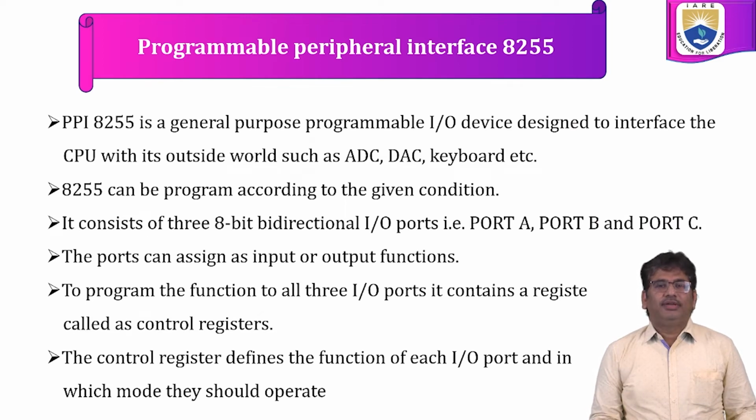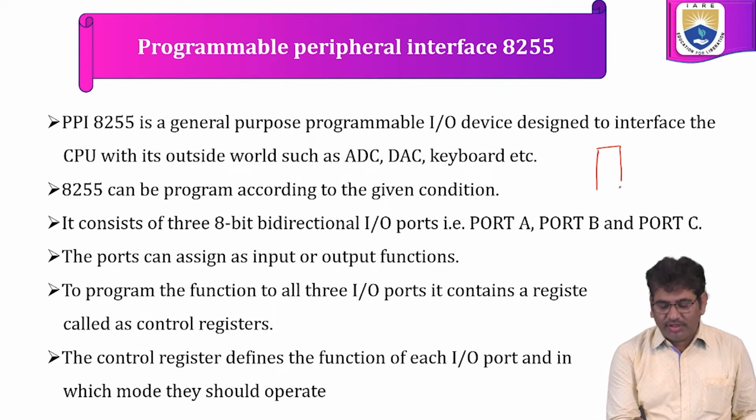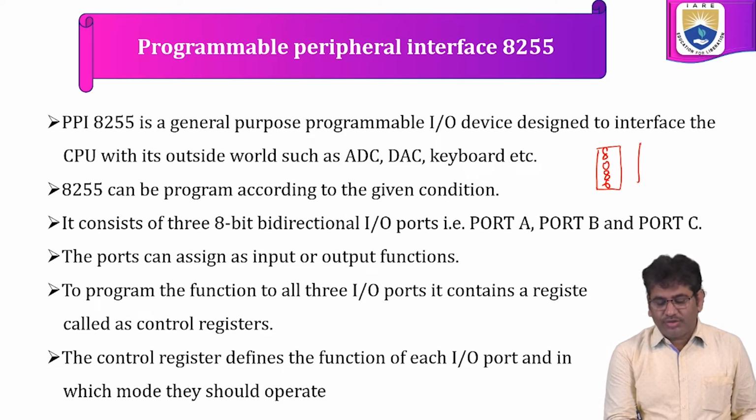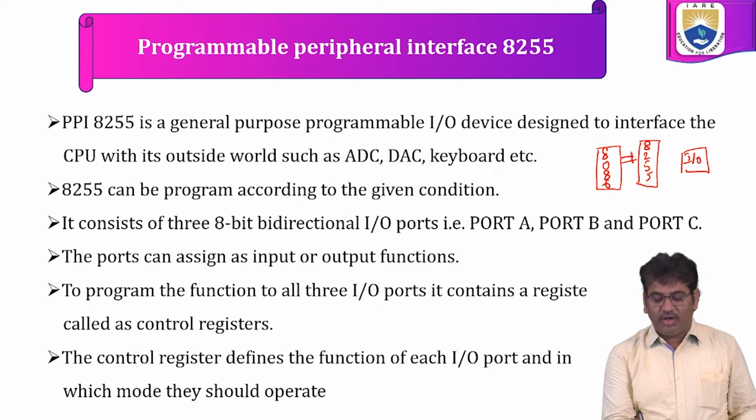The 8255 is a general purpose programmable I/O device designed to interface the CPU with its outside world such as ADC, DAC, keyboard, stepper motor, etc. As the 8086 processor does not have any ports for interfacing an I/O device, we use an interface medium, that is the 8255, between an I/O device and the microprocessor for communicating with the I/O device.